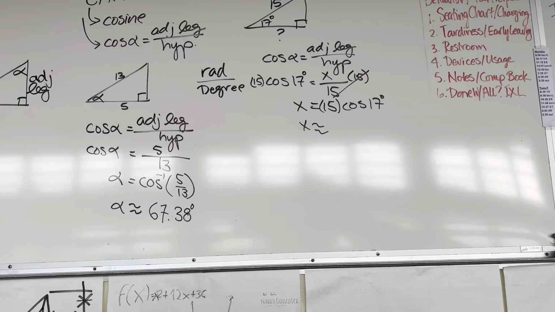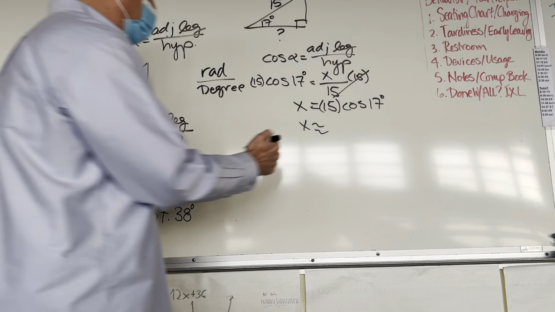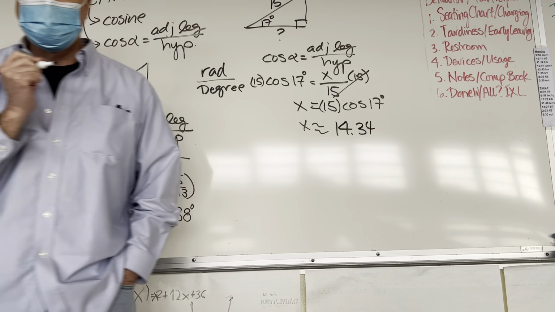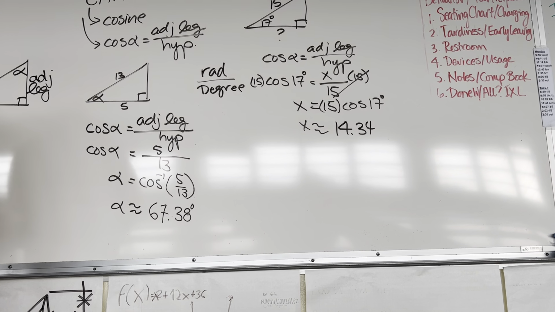So you're going to do 17 cosine times 15 equals. So how about 14.34? Did anybody else get that? How about 14.34? And so this time you're putting in the 17 first.